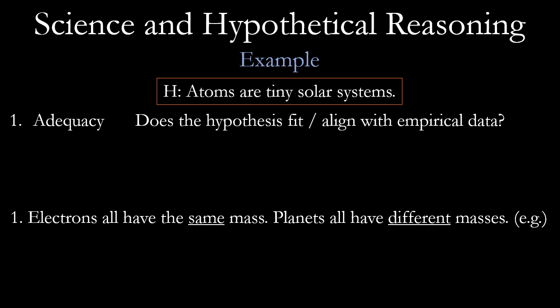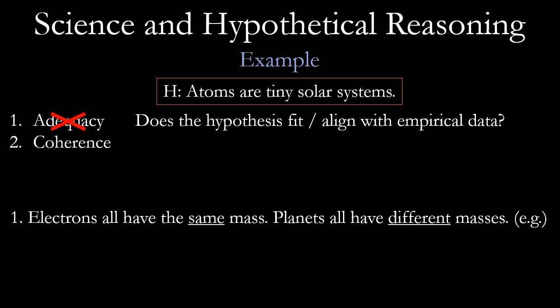Electrons all have identical mass. The planets, on the other hand, all have different masses. So that's a major difference. The hypothesis is not empirically adequate. It does not fit with the data that we have. So it fails that criterion, and so far it's not really a viable hypothesis because it fails the first test.